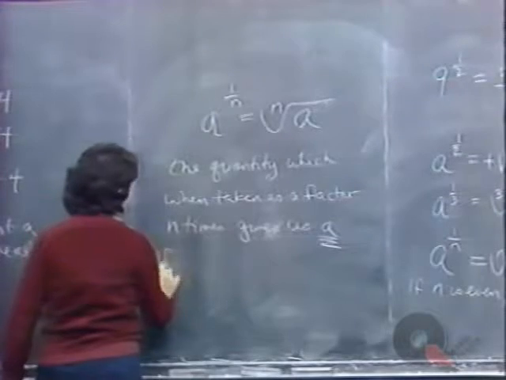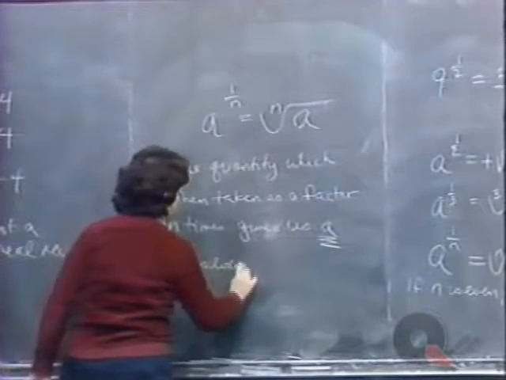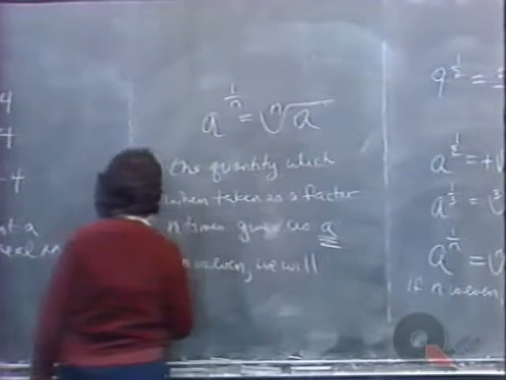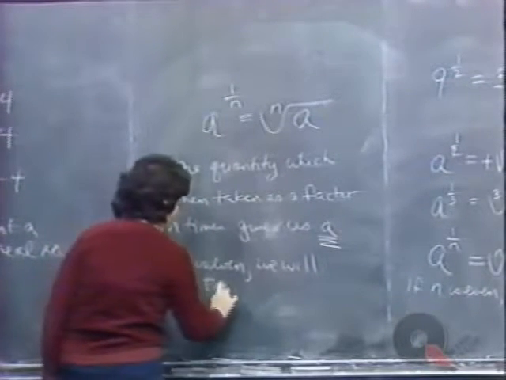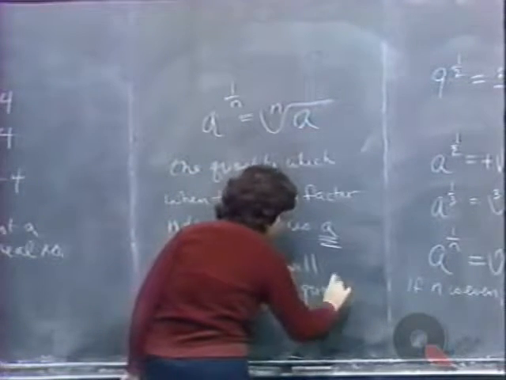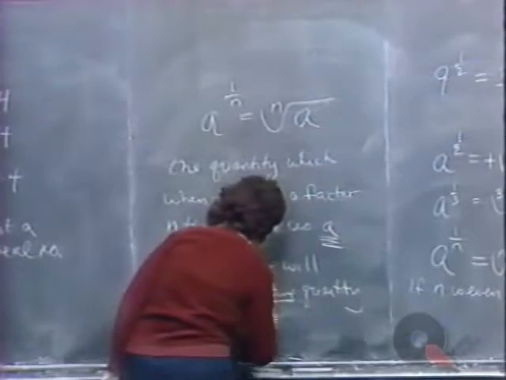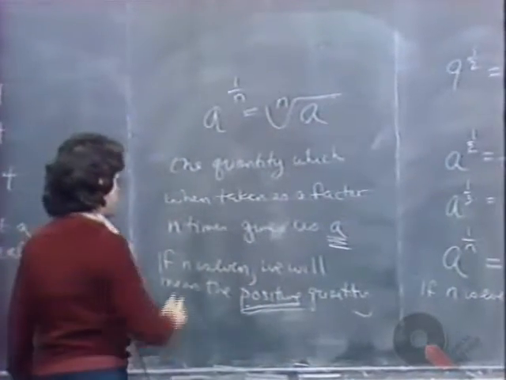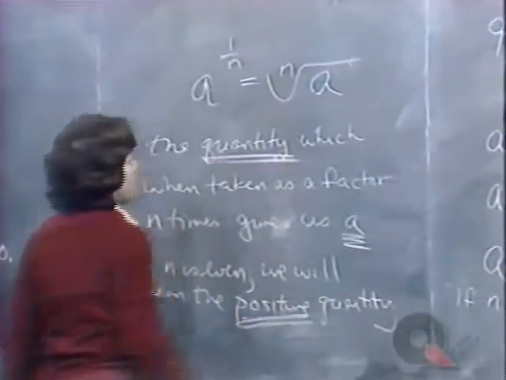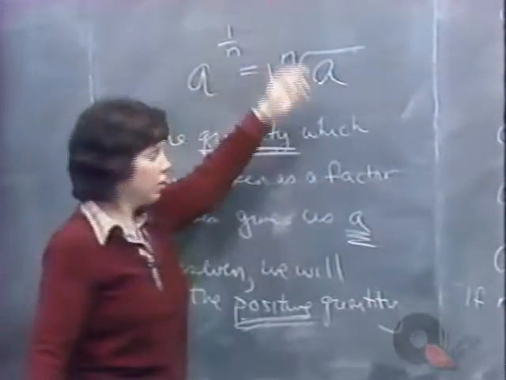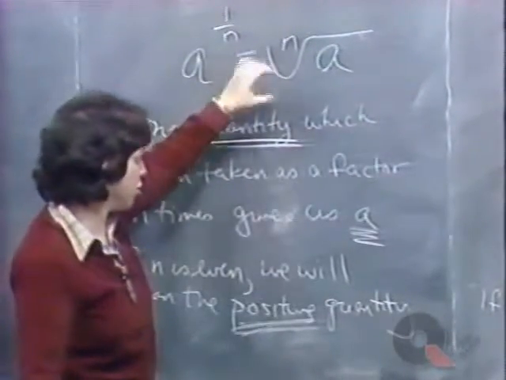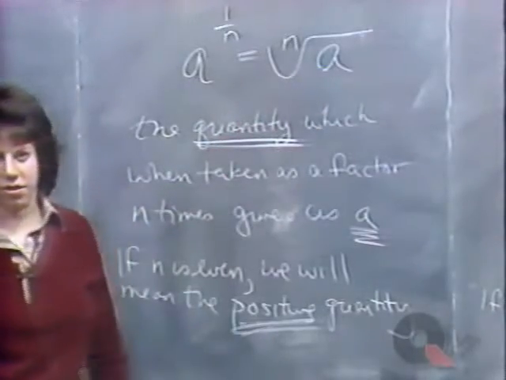And if n is even, we will mean the positive quantity, which, when taken as a factor n times, gives us a. There's no trouble if n is odd, if you're taking a cube root or a fifth root, but if n is even, we will assume that we're talking about the positive answer.